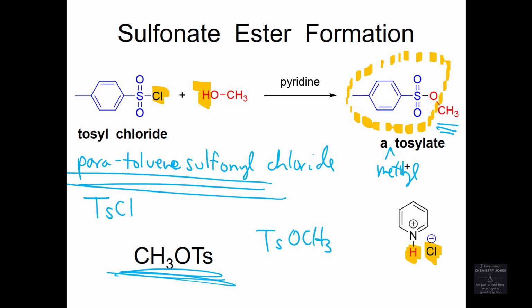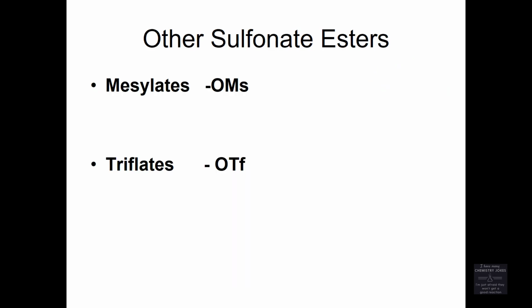That's a methyl tosylate. There are other sulfonate ester forming compounds that are very popular. Tosyl chloride, very popular. Mesyl chloride is very popular. MsCl. MsCl is sulfur double bonded to oxygen with a chlorine and a methyl on one side.